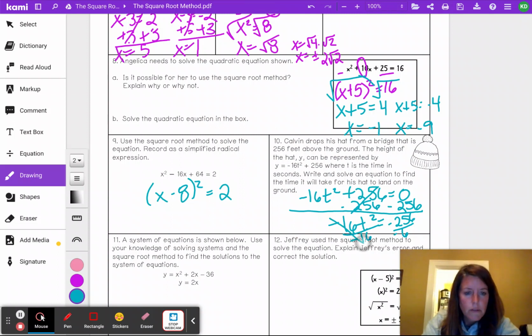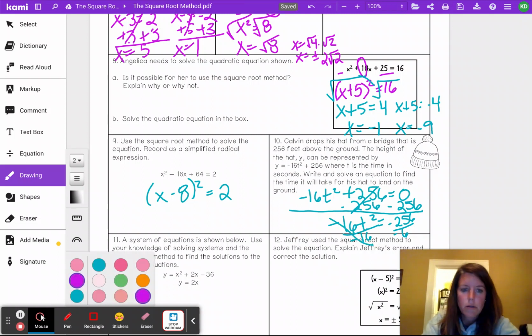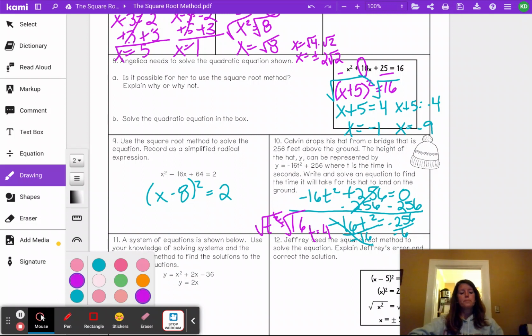And then we've got, I'll do this out to the side. We've got t squared equals 16, square root of both sides. You have t equals 4. Now, don't start hollering at me and saying, but you said we would have 2 separate solutions.